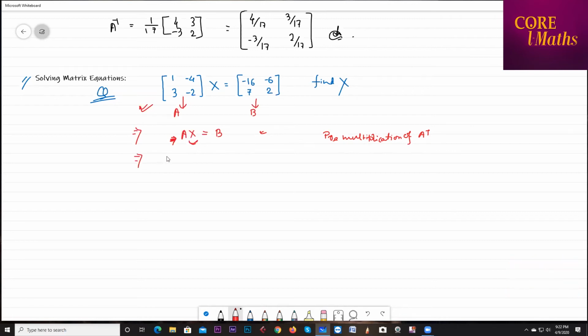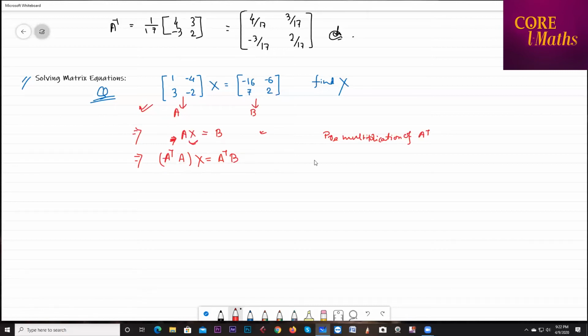So here A inverse into A into X will be equal to A inverse into B, right?